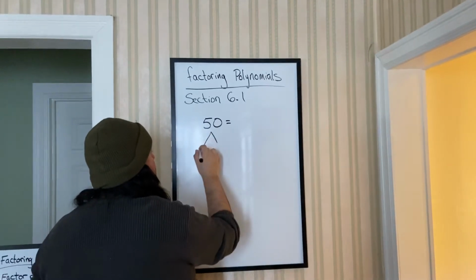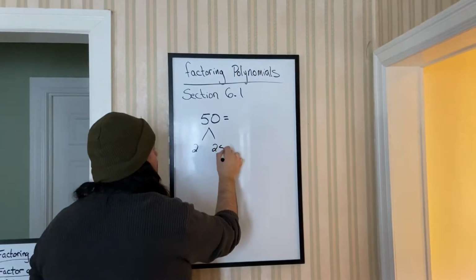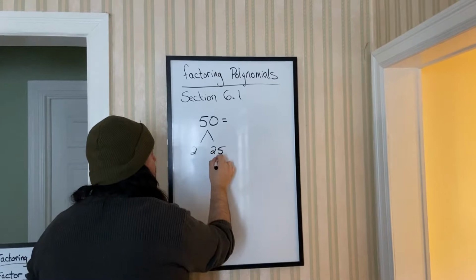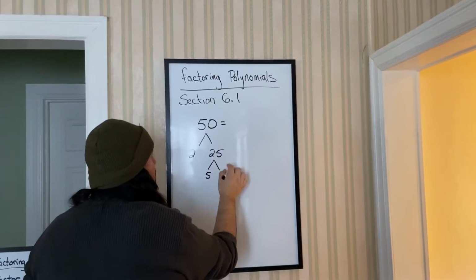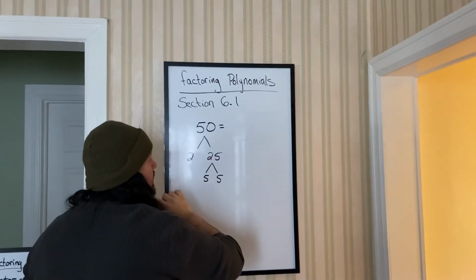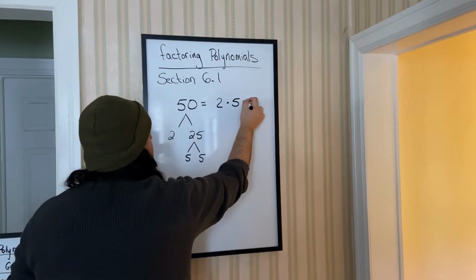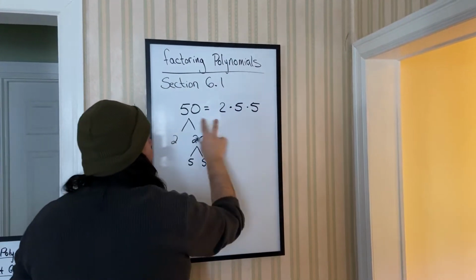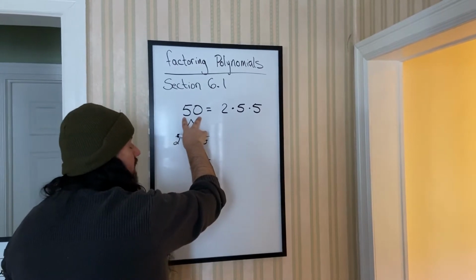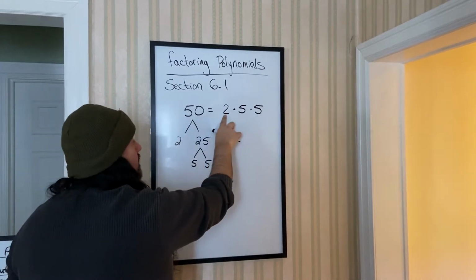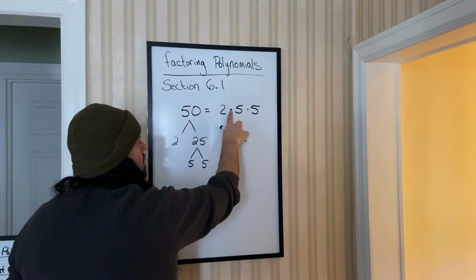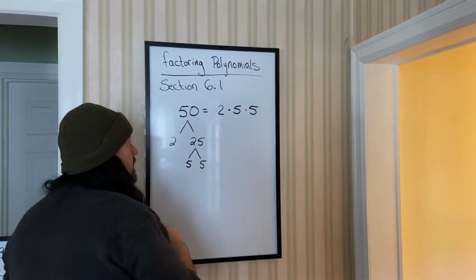We would say, okay, I know 50 is 2 times 25, and then 25 is 5 times 5. So the prime factors that make up 50 are 2 times 5 times 5. Factoring is basically taking something that was very big and breaking it out into simple building blocks that can be multiplied to get the original answer.